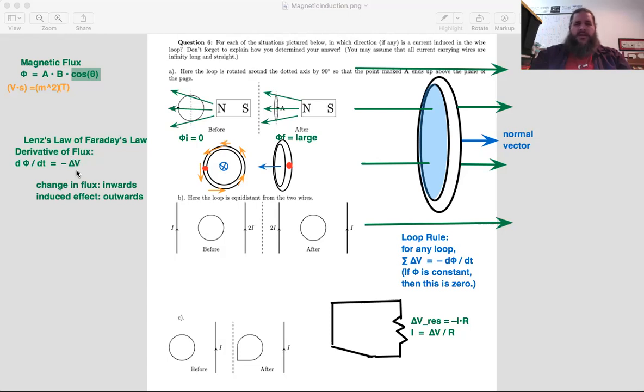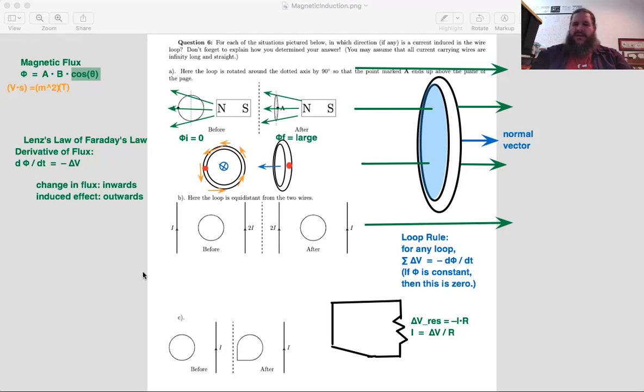The negative sign is ultimately telling you that the induced electrical effect, voltage in this case, is in a direction opposite to the change in flux. So if the change in flux is inwards, we should expect the induced effect to be outwards. And then you can use the right-hand rule to translate that into an actual direction of current flow. In this case, counterclockwise.